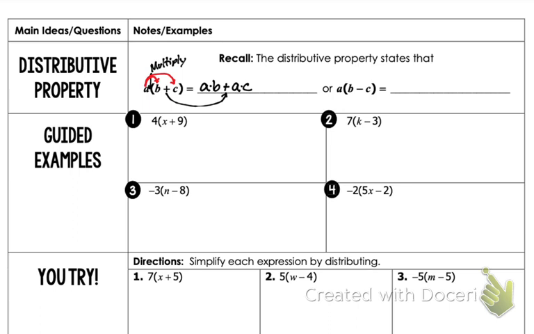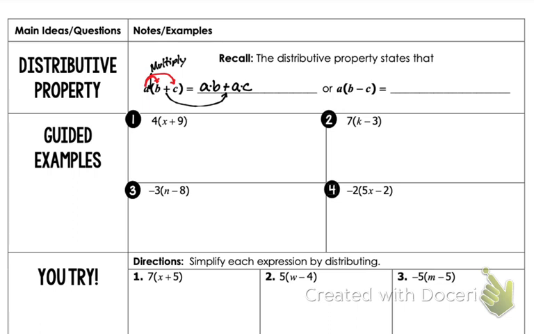Because this is multiplication, right? It's called the distributive property because I'm actually going to distribute this multiplication to both things that are in the parentheses. You know when you distribute something evenly among a class? Like if I had $100 and I distributed it between you guys, I would hand everyone a little bit of money. The distributive property is distributing this A to everything in that parentheses.